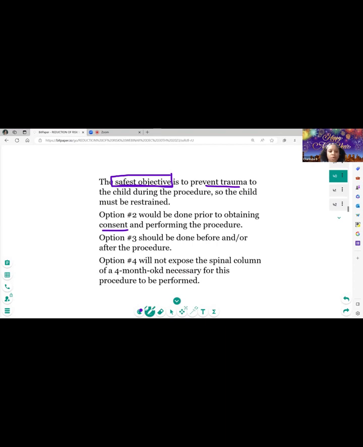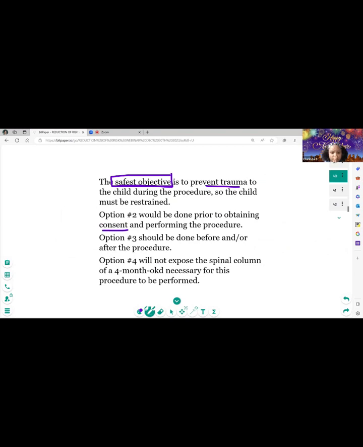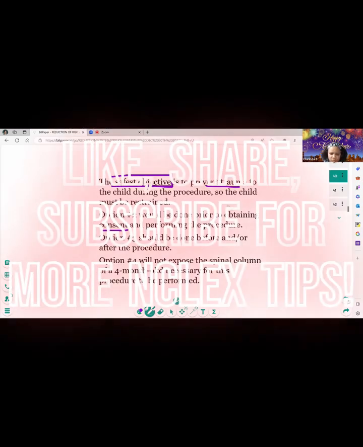So three, support, which is psychosocial, could be done before and after. Four would not expose the spinal column, because you're just going to be sitting them up. So remember, when we're doing spinal stuff, a lot of times they have to be over like this, over the table or something, where the spinal area can be exposed, and it opens up the spinal column. Of a 4 month old, this is necessary for the procedure to be performed.